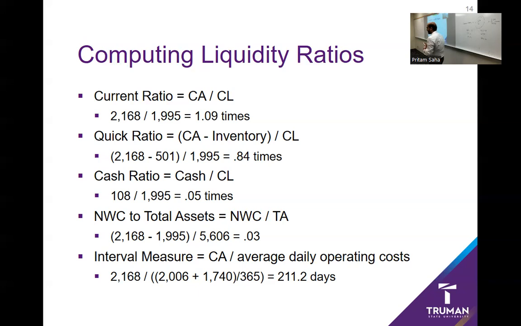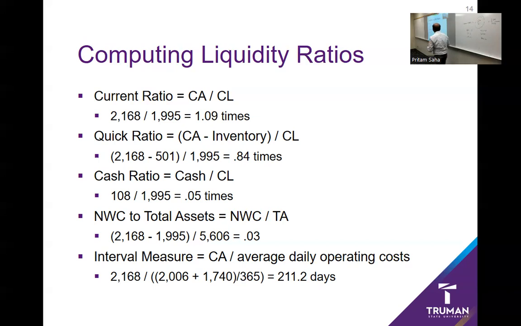And that's why sometimes we prefer the quick ratio over the current ratio. Because in the quick ratio, you take current assets minus inventory over current liabilities. So we're taking out the inventory. Now we have cash and accounts receivable, they are kind of comparable across different companies, right? So now this is giving you a better signal.